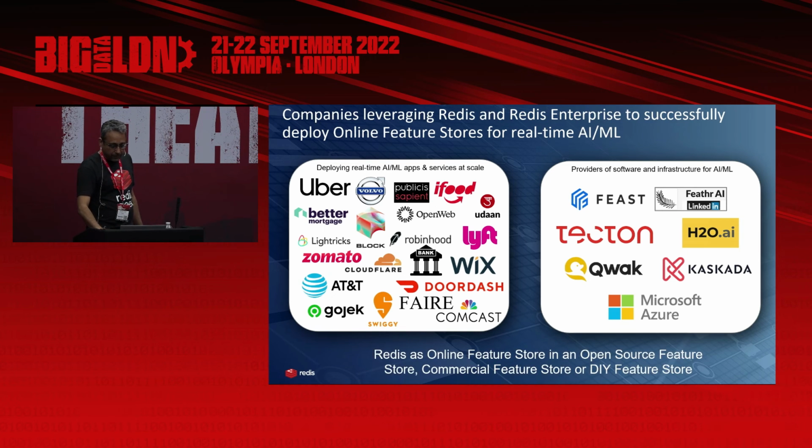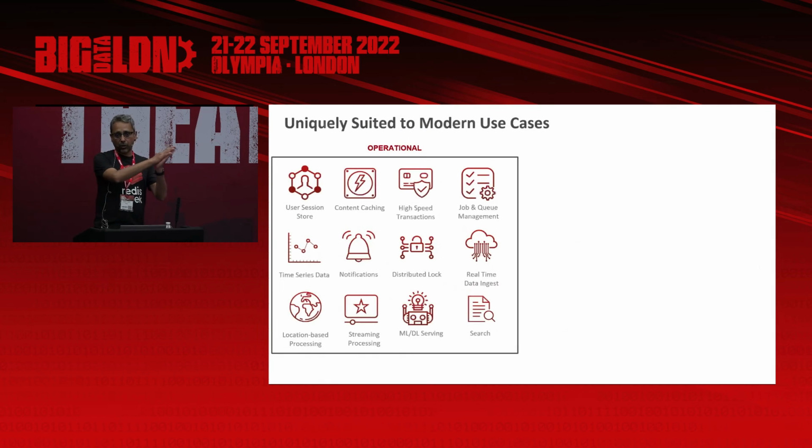Now, up to now, I've just talked about Redis as a feature store, but it will become clear, Redis has a lot of other use cases also. Redis is essentially a real-time database. So you can use Redis for your session store. You can use it for your content caching. You can use it for high-speed transactions. We talked about getting your streaming data from your logs or from your user clicks.